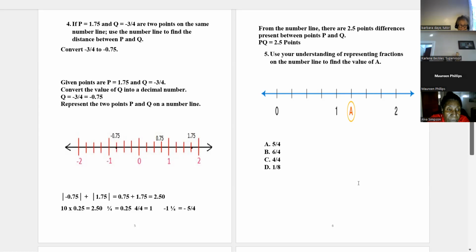So what answer would you say, Alva? I would say it's C. But C is 4/4. 4/4 is 1. It's bigger than 1 because as you go from left to right, it's increasing.